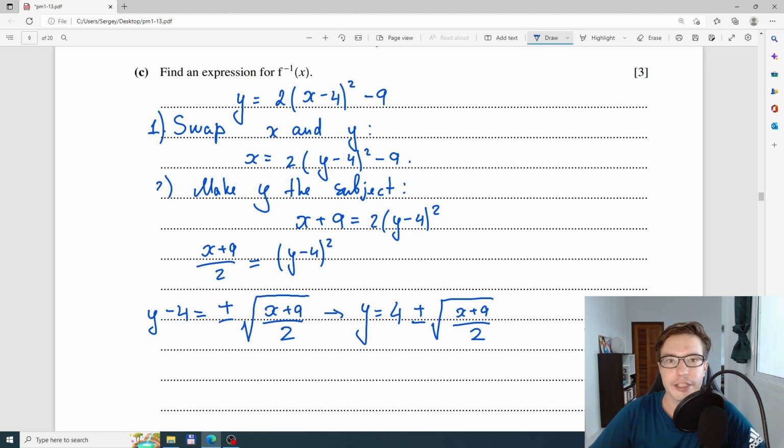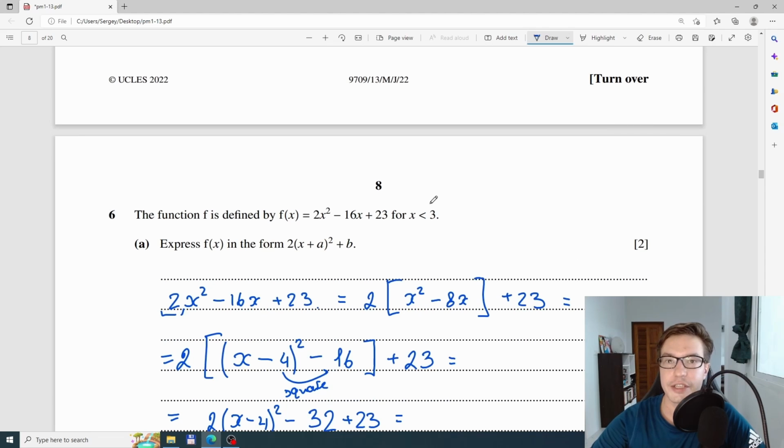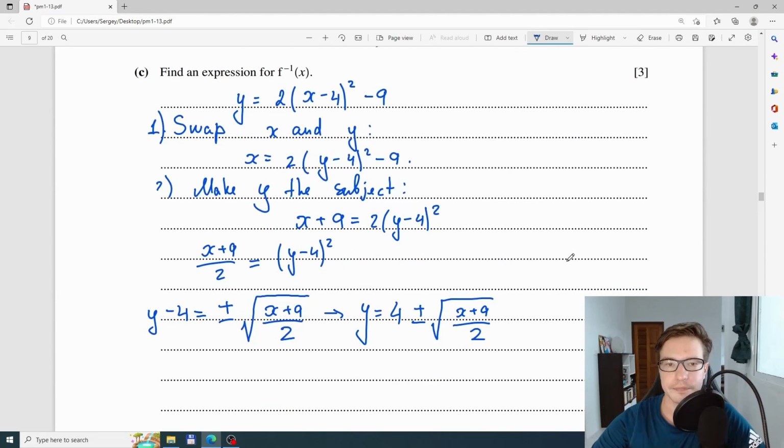But we're not done yet. We have to figure out whether it's plus or minus. Let's have a look at the domain of the original function. They tell us that x is less than 3. Now, let's choose some value of x which is less than 3. I would say x equals 0.